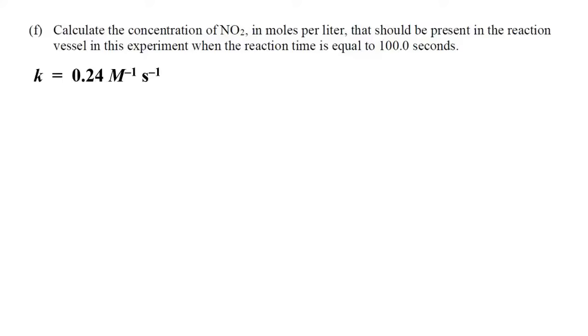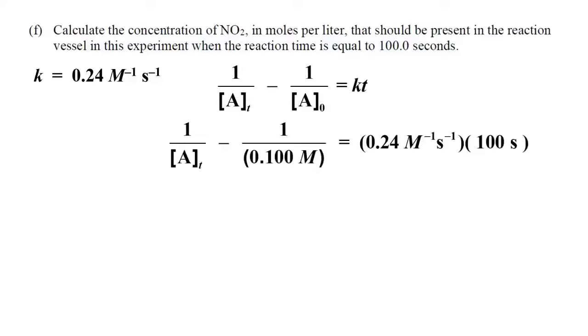So if I use a value of K of 0.24, and I use my second order equation, I know that the initial concentration of A, in this case the NO2, was 0.100 moles per liter. That came from the table. I know that the time is 100 seconds. I'm going to solve for the concentration at 100 seconds.